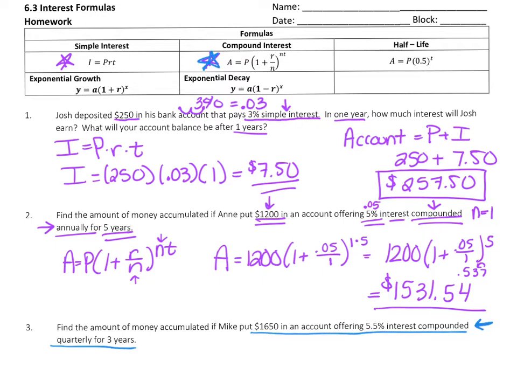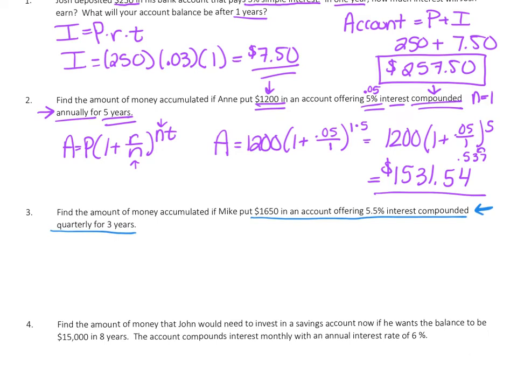So I'm going to scroll down a little bit just so I have room to write, but I can still see my formula right here. So A is going to equal, P is the principal or the starting amount, so 1,650. 1 plus my rate, 5.5%. To make that a decimal, I move it 1, 2 spots to the left. So that's going to be 0.055 over.